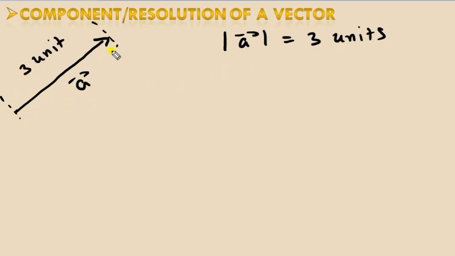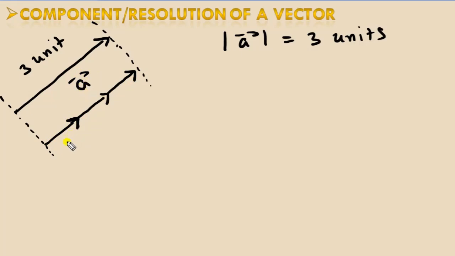Now, can we divide this vector into 3 vectors, each having a magnitude of 1 unit and the same direction as vector A? So we can write it like this: the first vector with magnitude 1 unit, the second with magnitude 1 unit, and the third with magnitude 1 unit. Each of these 3 vectors has a magnitude of 1 unit and is directed along the same direction as the original vector A.